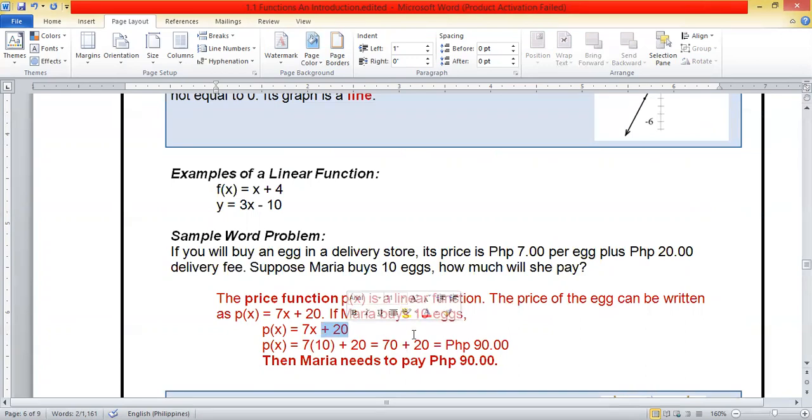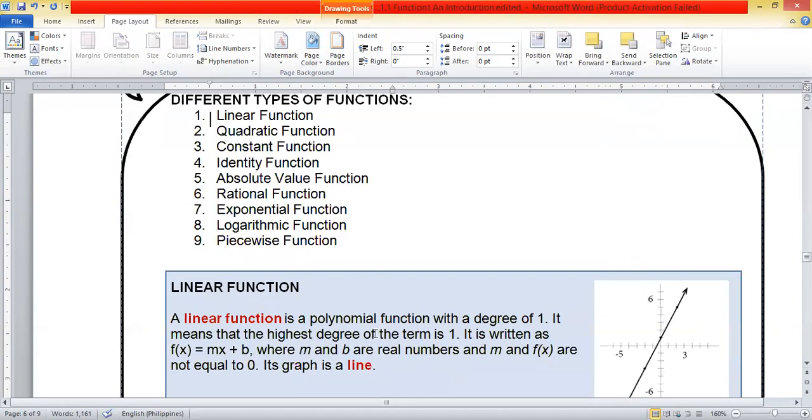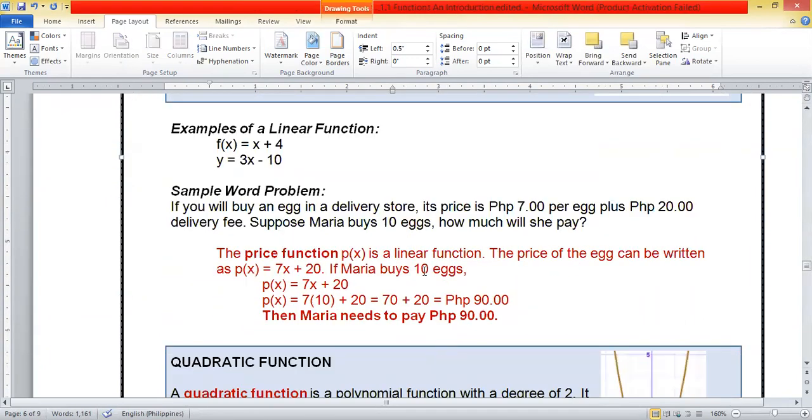Since Maria buys 10 eggs, then we substitute 10 to the value of x. So that becomes 7 times 10, which is equal to 70, plus 20. That's equal to 90. Therefore, Maria needs to pay 90 pesos.